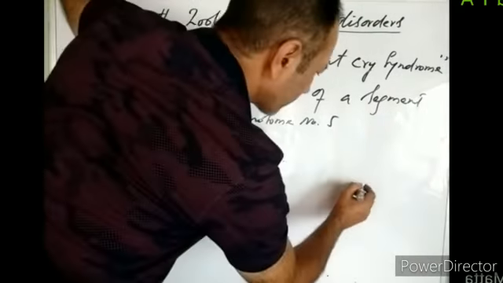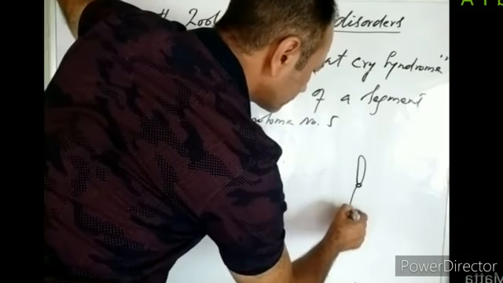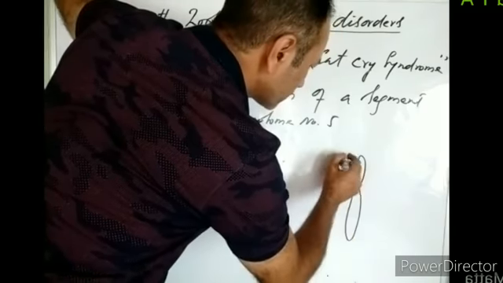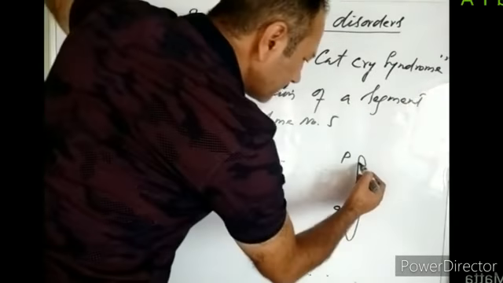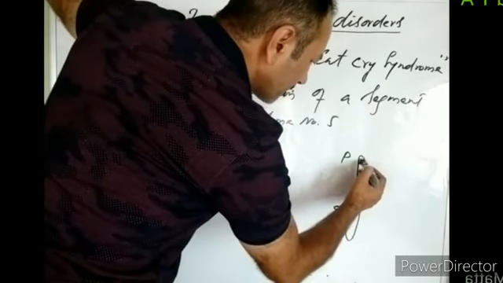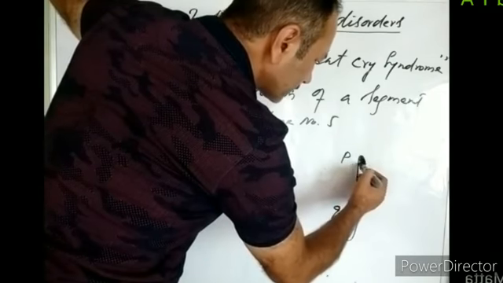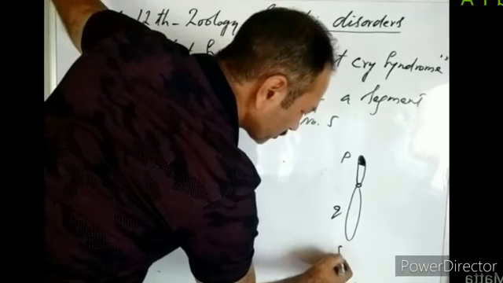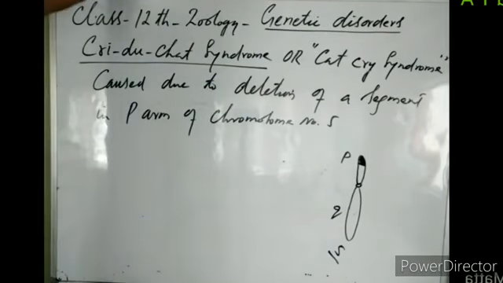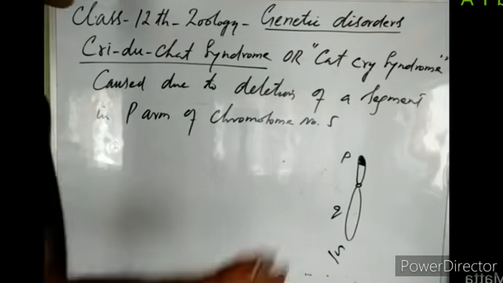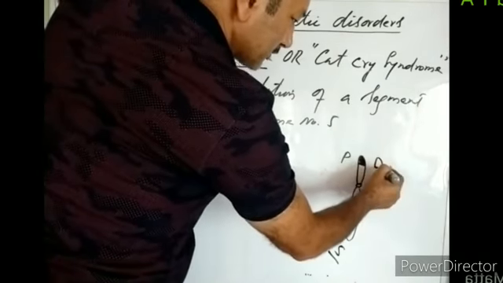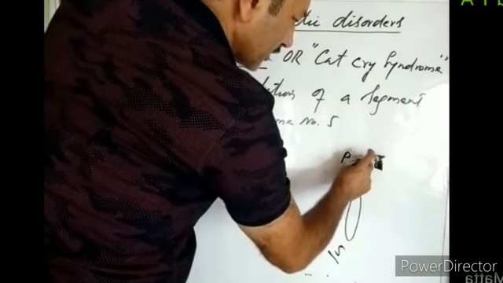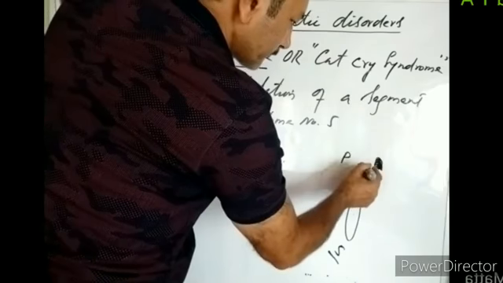If this is chromosome number 5, it has two arms. This is known as the P arm, the short arm, and this is the Q arm, the long arm. In the P arm, a segment gets deleted, cut, or lost.